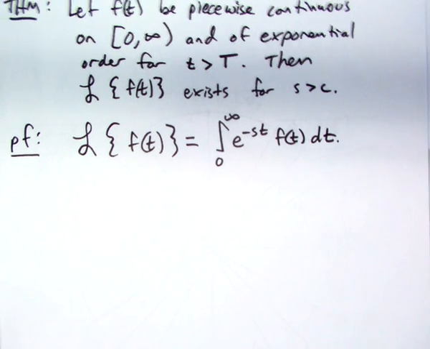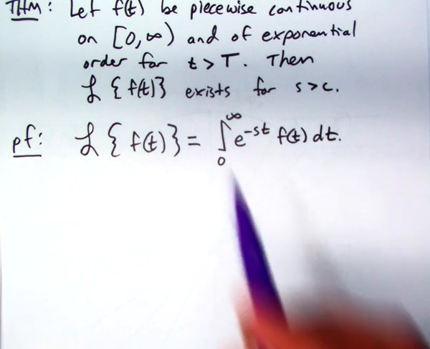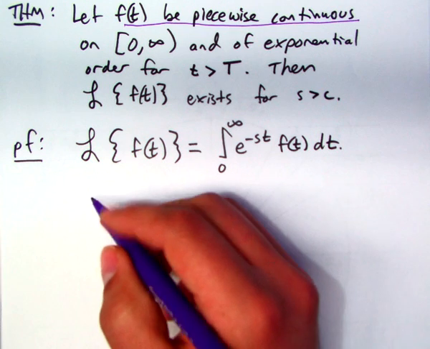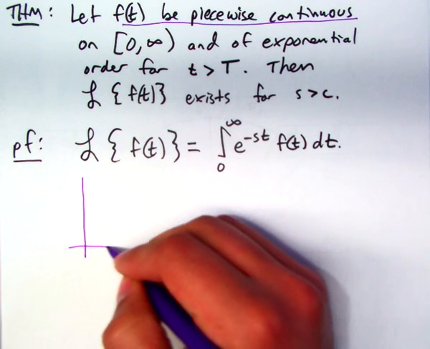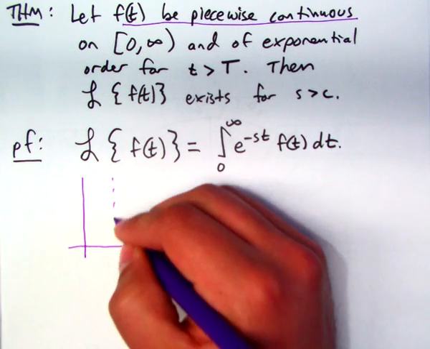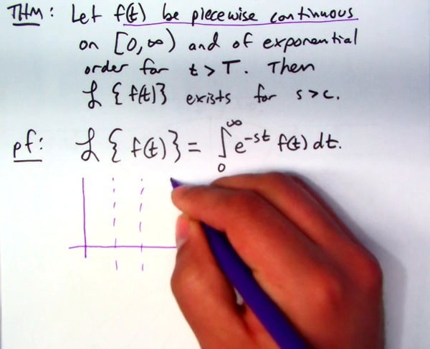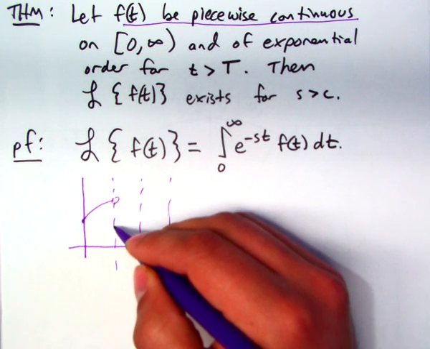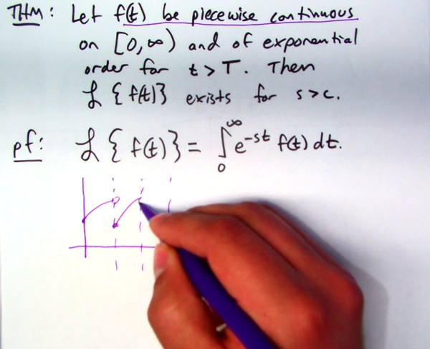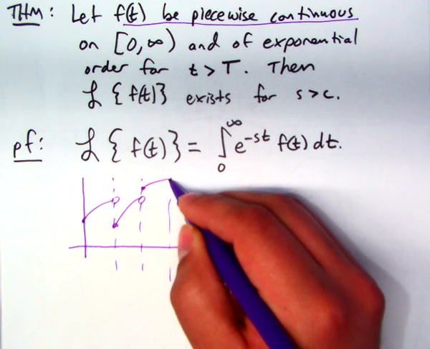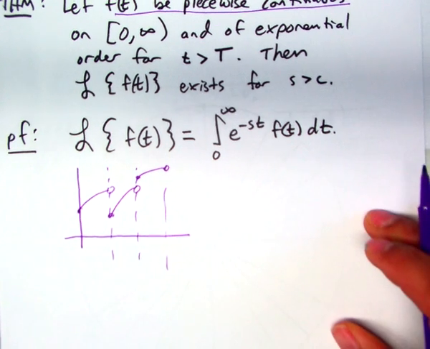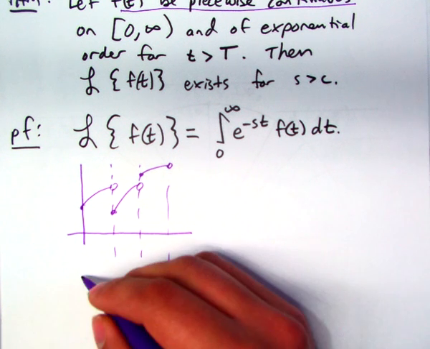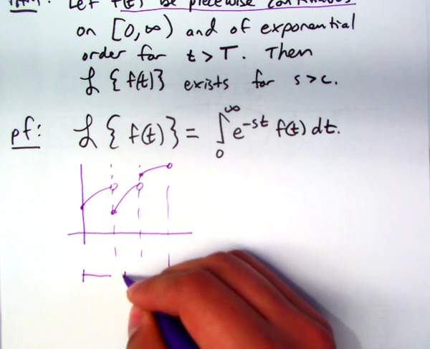And now, using the fact that f of t is piecewise continuous, we have several pieces. Let's call this interval I1.